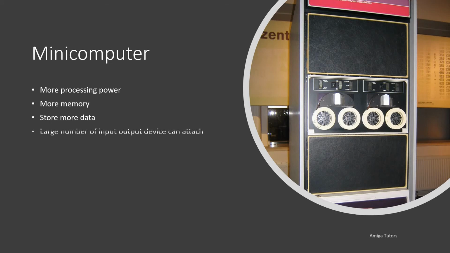And here it comes, the second type. This is the minicomputer. It has more processing power than our microcomputer. So it uses more memory, stores more data, can take a large number of input data, and can be attached to a large number of input and output devices at a time.